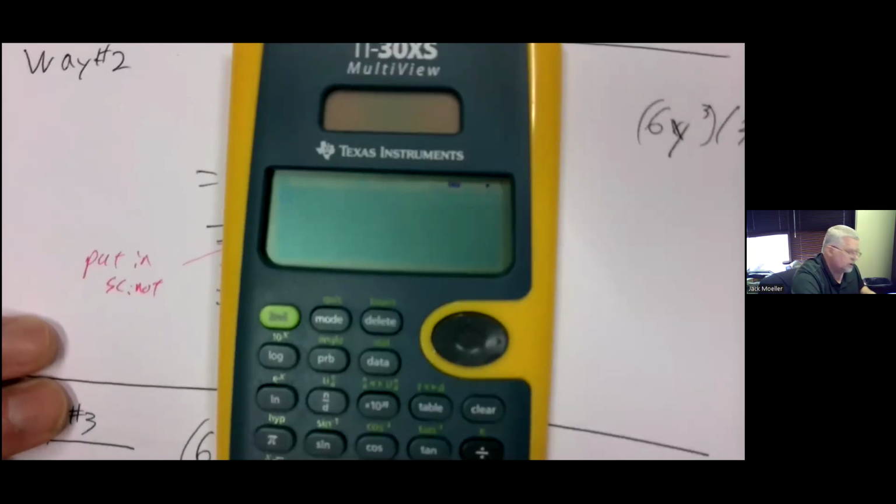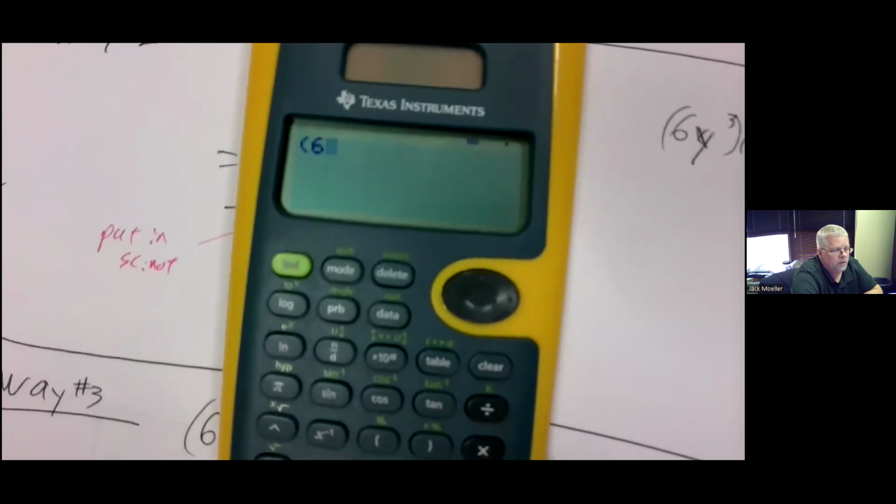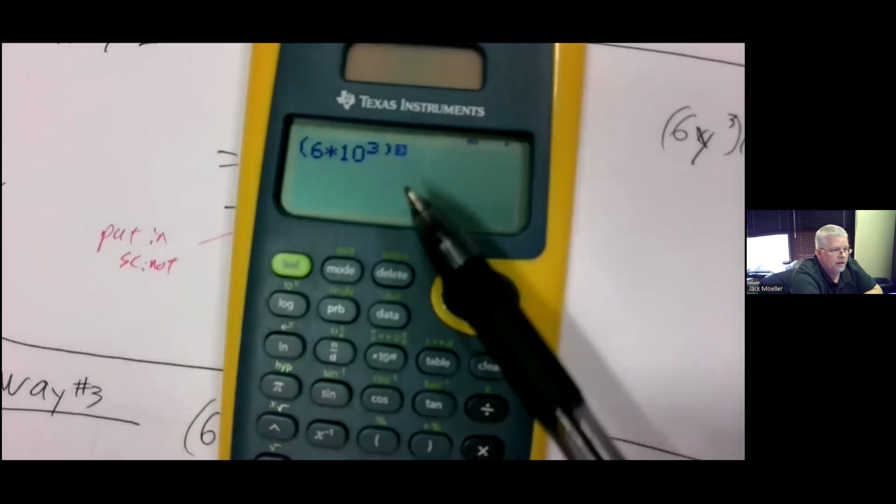So how do we do 6 times 10 to the 3? If you notice, I think I pointed this out before, right there in the middle, there is a times 10 to the n button. So 6 times 10 to the n, and then put the exponent. Now, here's where you have to be careful, because if you just close the parentheses, notice the parentheses is up in the exponent.